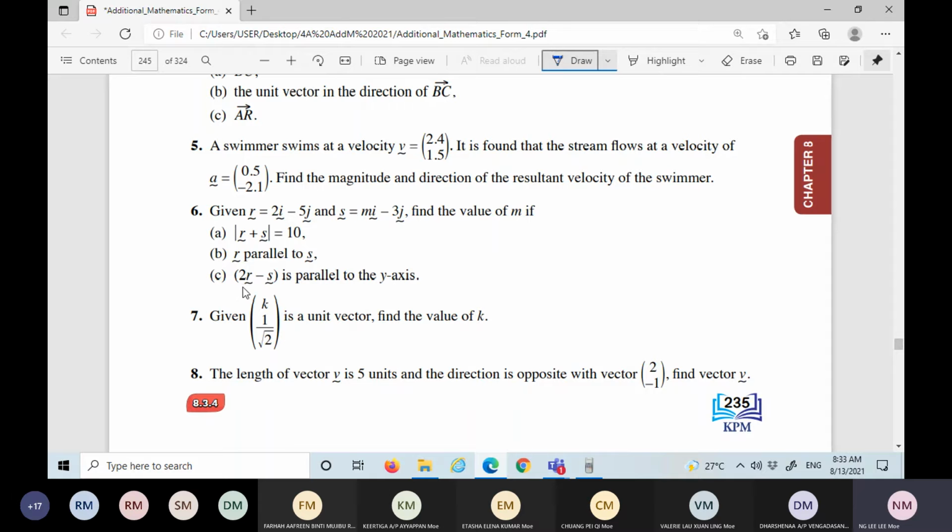Let us see C. What's the meaning of 2r minus s is parallel to the y-axis? Let us say we find 2r minus s first.